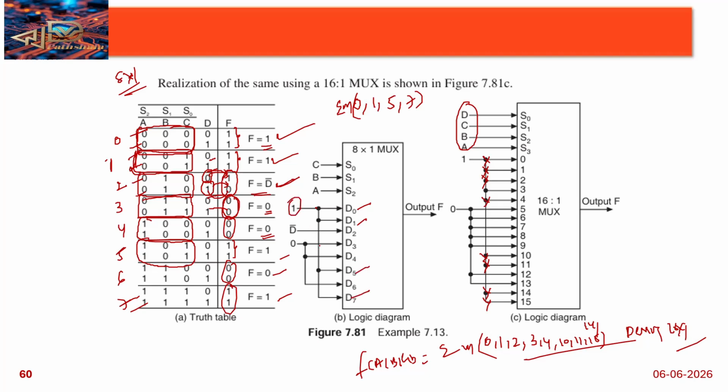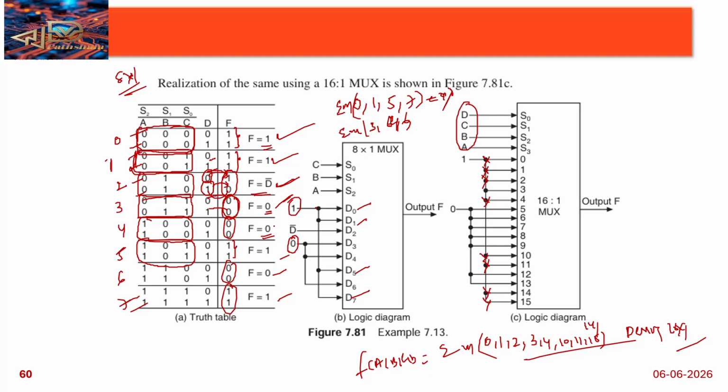And there are no other ones, remaining all are zeros. Zeros where we are having sigma m of 3, 4 and 6. That's it, right?